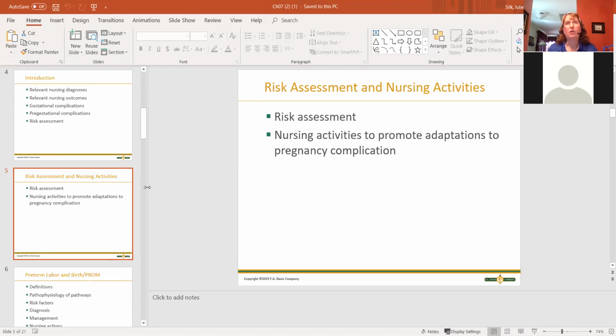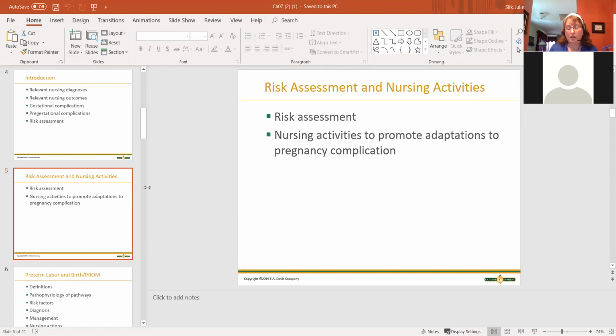Like if I already have hypertension or diabetes, that's going to complicate my pregnancy even more, so they would be at high risk. A history of prior pregnancy complications: if when I had a baby before I had preterm labor or gestational diabetes, I'm more at risk again because I've had it before.